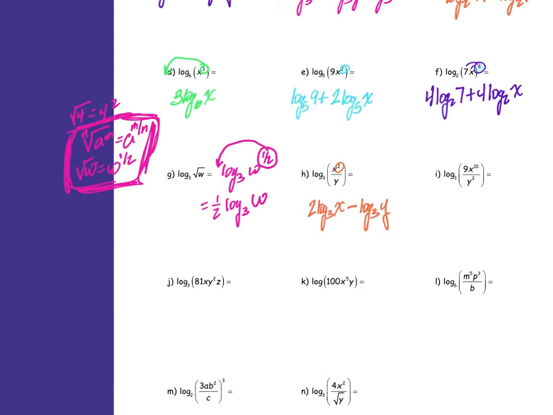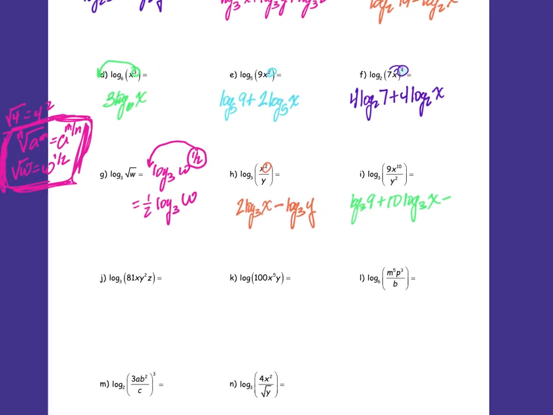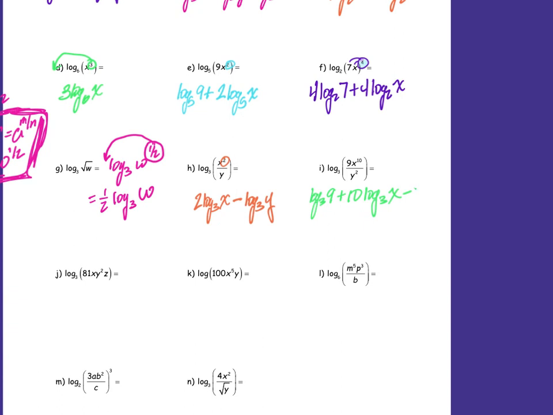All right, I'm going to give you another minute to try I. So this says 9 times 10 to the x power divided by y to the second power. So I get log base 3 of 9 plus 10 log base 3 of x minus 2 log base 3 of y.